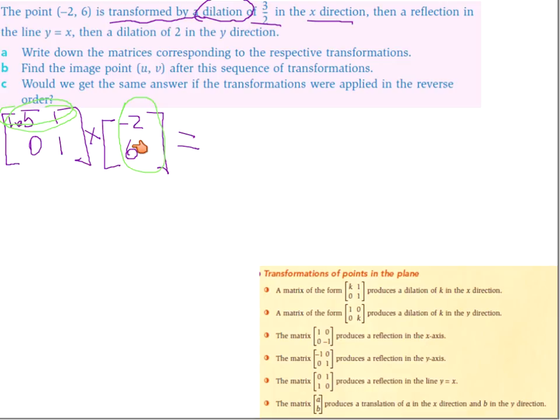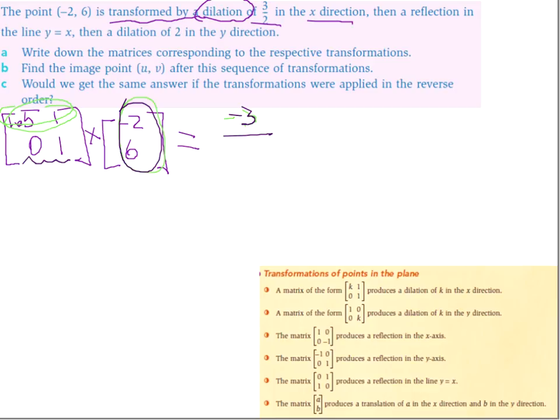So negative 3 plus 6 gives us negative 3. Okay, I should choose another color, sorry. Negative 3. Okay, good. And now you take the second line and multiply by the same column.